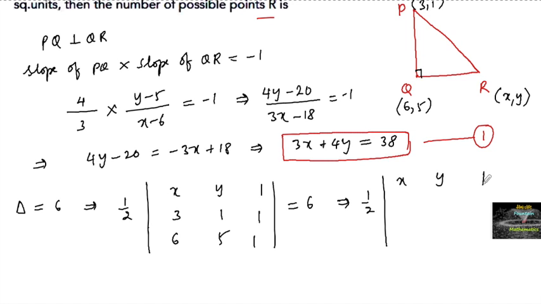By applying R1 minus R2, we get x minus 3, y minus 1, 0. And applying R1 minus R3, we get x minus 6, y minus 5, 0, which is equal to 6.